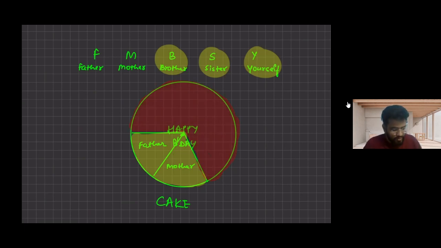So what you three, the brother, sister, and yourself, have decided is that out of whatever is remaining, whoever has his birthday will get one extra piece.